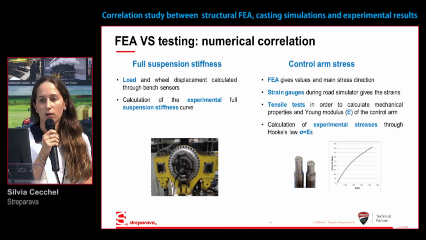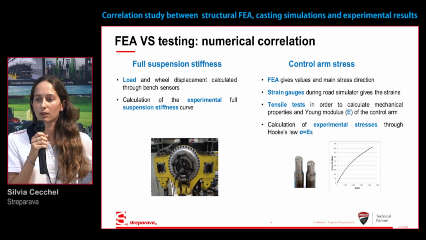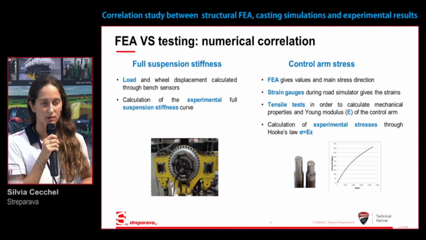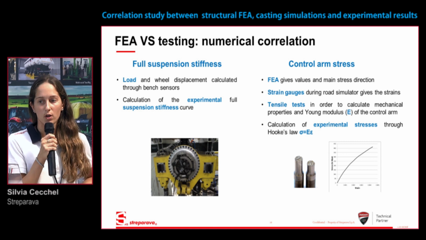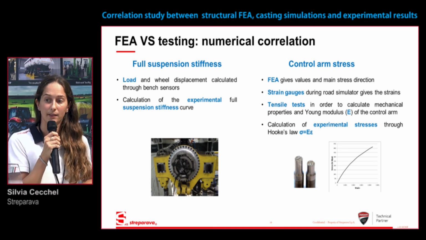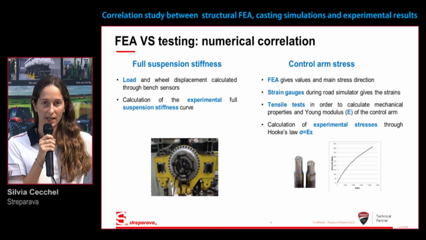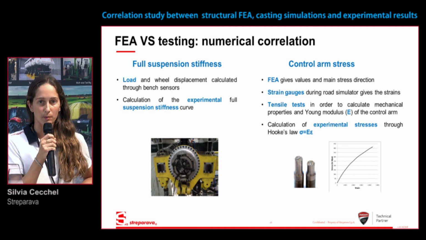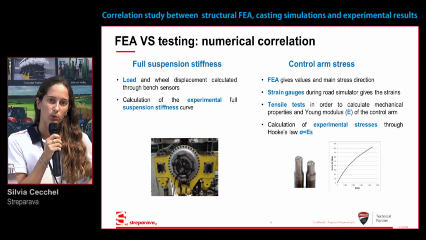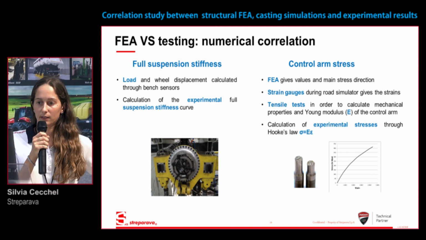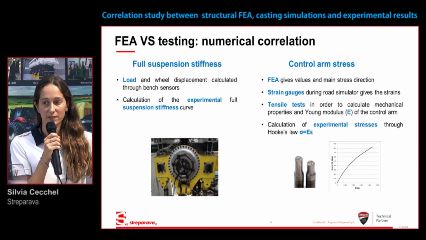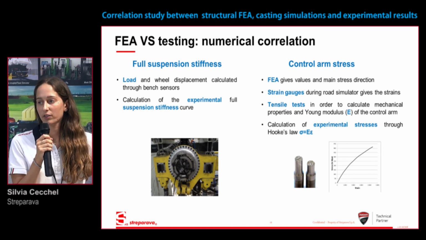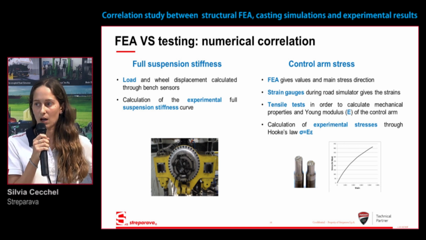So the first correlation was about the stiffness of the full suspension system. It was possible thanks to the data of load and wheel displacement that were recorded by the bench sensors and that were used to calculate the entire experimental curve of stiffness. And after that, the second correlation was about the stresses acting on the control arm.